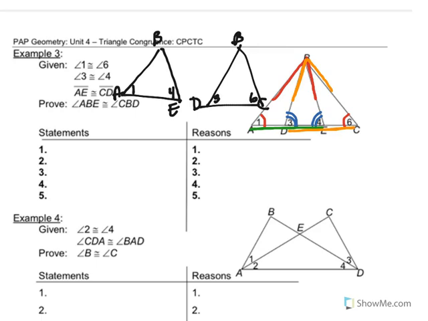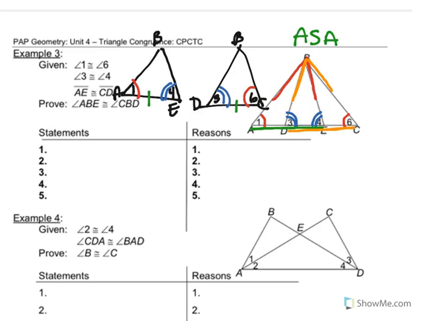Now let's go ahead and mark the things that we had earlier. 1 was congruent to 6, 3 is congruent to 4, and then we have AE is congruent with CD. Now, in just looking at that, how are we going to be able to prove those two triangles are congruent? It should be pretty obvious that we're going to use ASA for this, angle side angle.